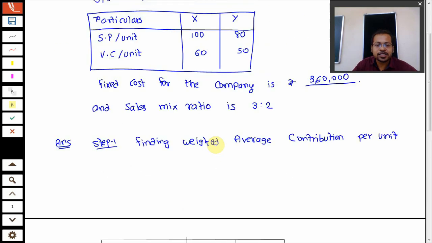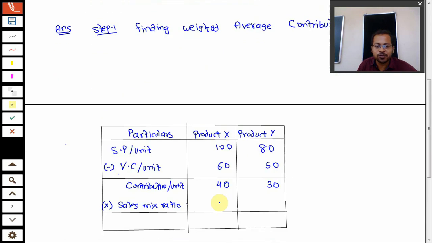And sales mix ratio is also given 3:2. Please note 3:2 it means 3/5 and 2/5. And when you multiply with this, so it will be 24 and it will be 16.